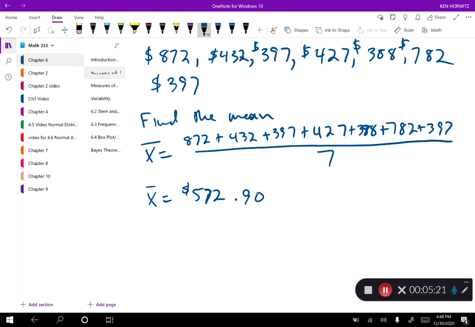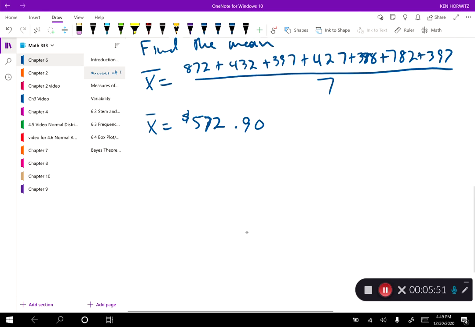Because it's dollars and cents, we are going to round to the hundredths. We would not say $572.9, that would be weird. We would say $572.90. So the context of the problem dictated where we rounded.